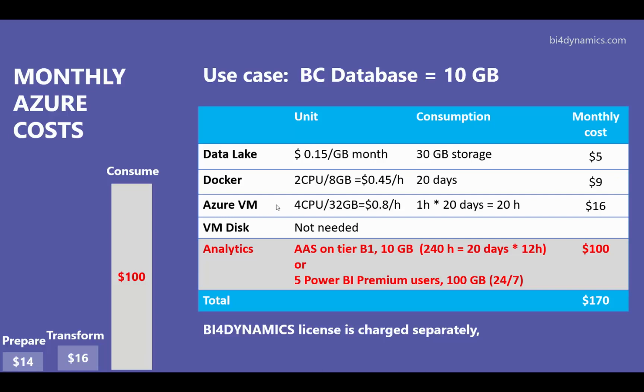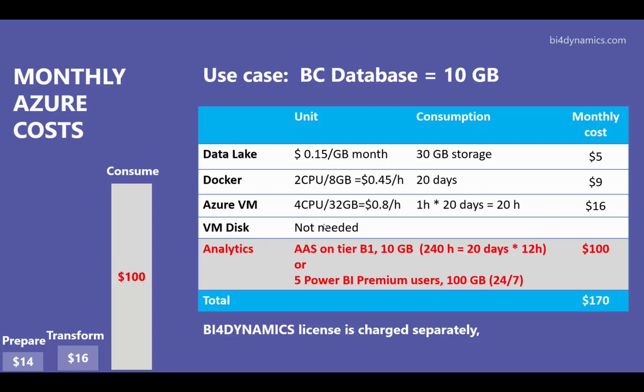An Azure Virtual Machine for 10 GB will be comfortably crunching data with 4 CPUs and 32 gigabyte of memory, and this is going to cost us $16. The virtual machine has enough disk on the OS, so there is no additional disk needed.